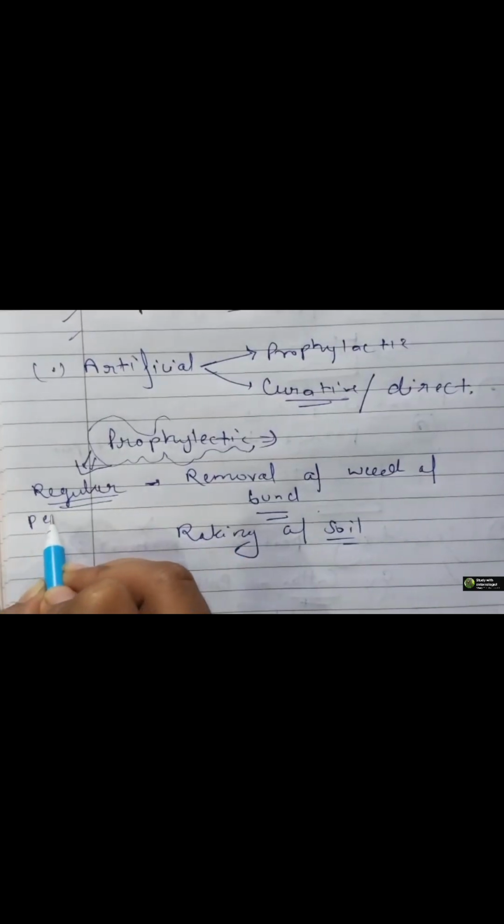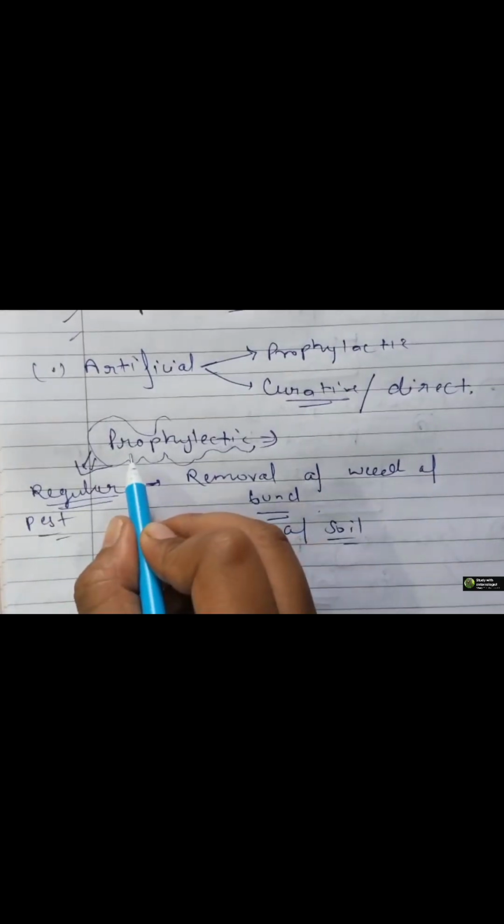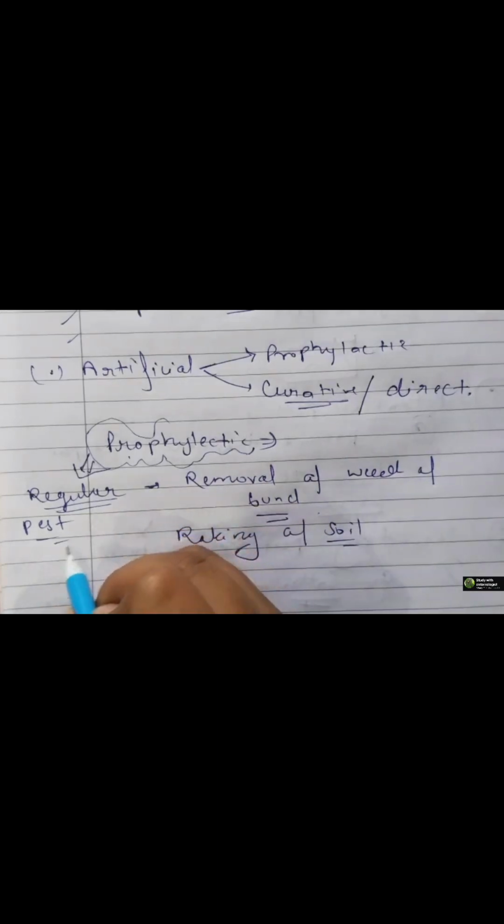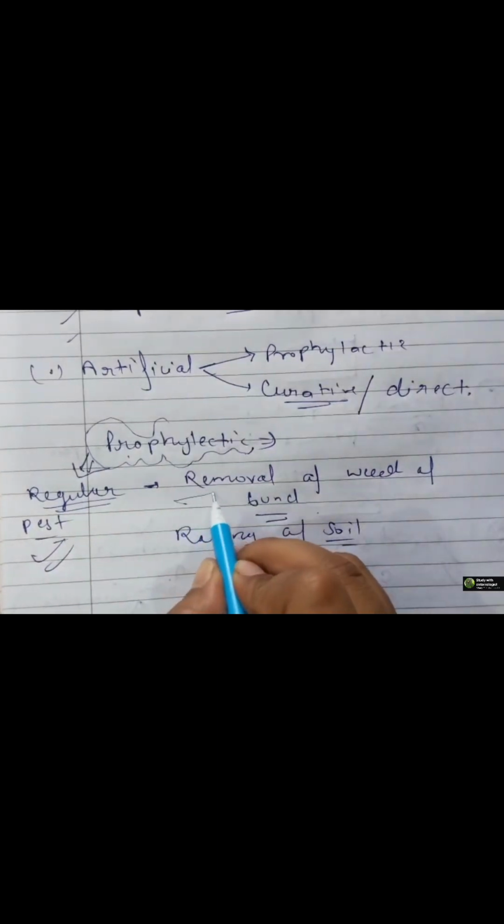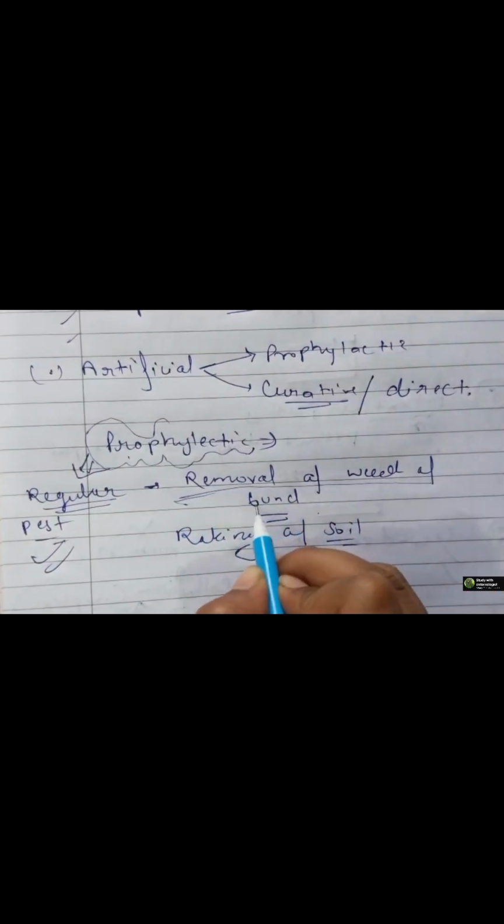So in case of a regular pest, the prophylactic measure is the effective measure for controlling the pest, because we know it is regular, so it will come. If we sow rice in these conditions, definitely the rice stem borer will come to infest that plant. In that manner, we can do removal of weeds on bunds, and we can keep healthy seed material.